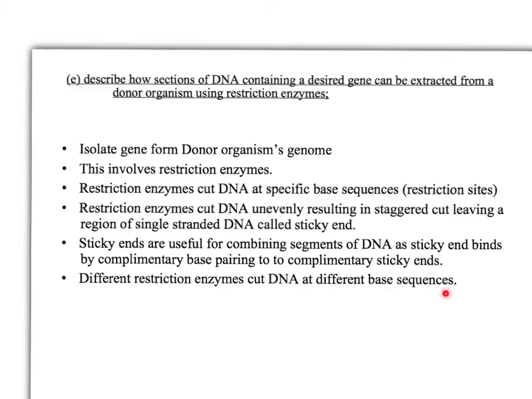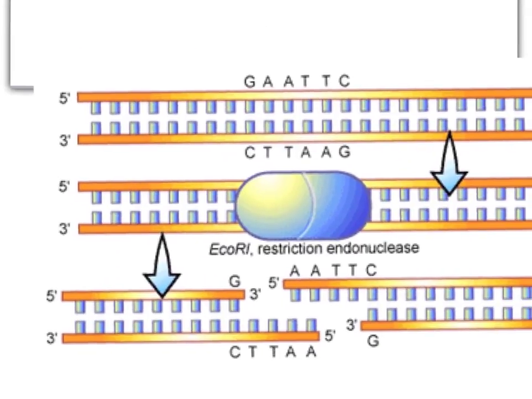So diagrammatically, here I've got a piece of DNA, and here I've got what we call a restriction site. What we often find is that a restriction site for these restriction enzymes which produce staggered cuts often recognises sequences which are palindromic. So what we've got here is the opposite of here: GAATTC and GAATTC.